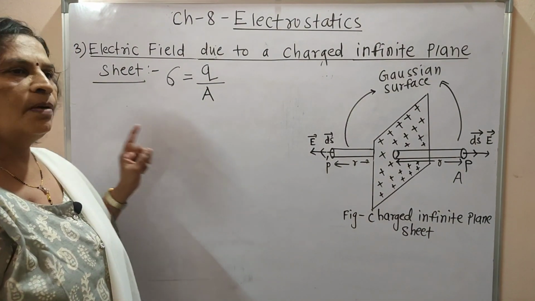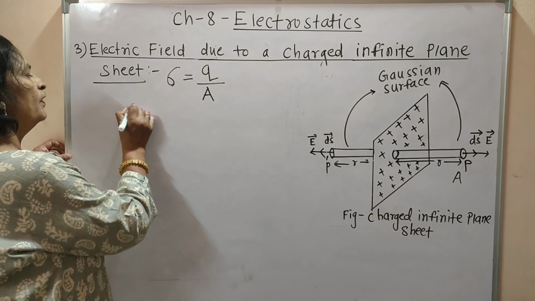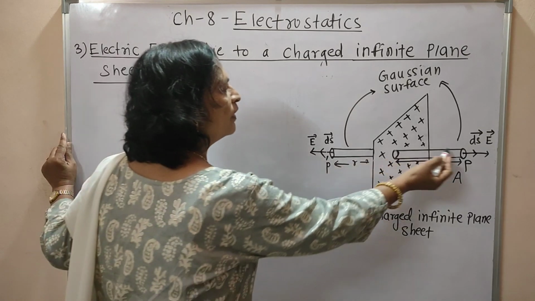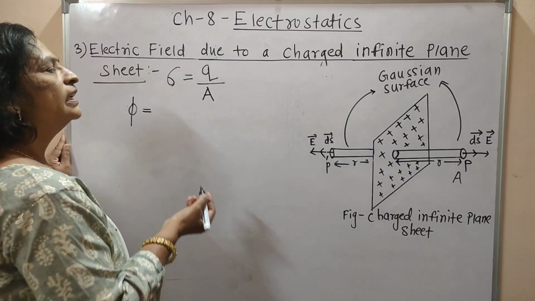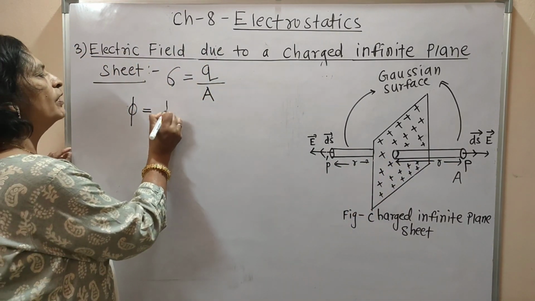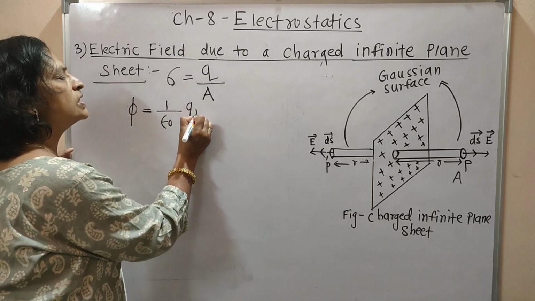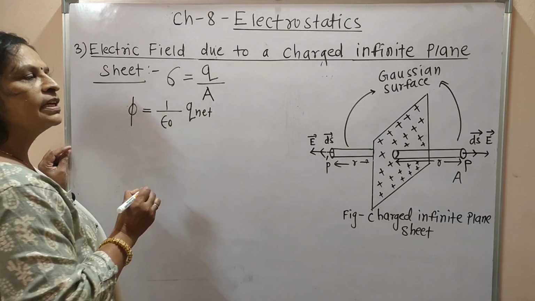What is the Gauss law? The electric flux over a closed surface is equal to 1 by epsilon naught times the net charge enclosed in this surface.